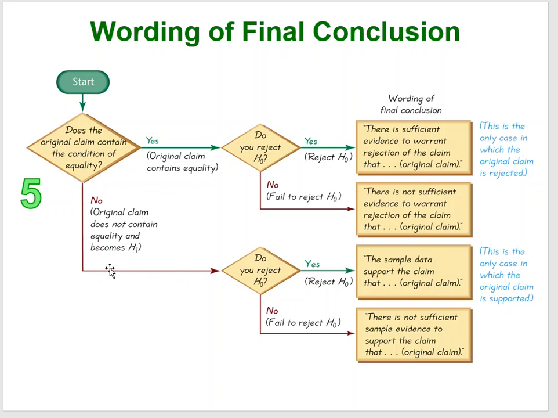Then it would go in the alternative hypothesis. If I rejected H0, my final statement will be written something like this. If I did not, or failed to reject the null hypothesis, my statement will be written this way. On the other hand, if the claim were just equal, then did I reject? This is the way I would write my statements. These are something that you would want to take note of.